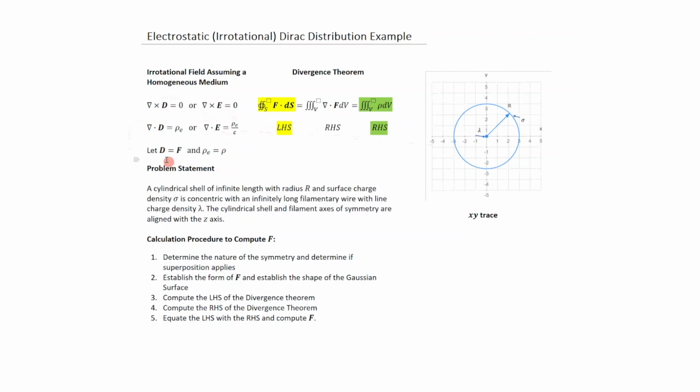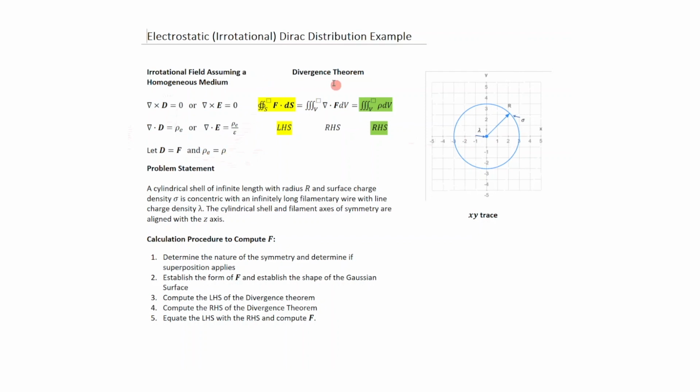So it's understood whether we're going to be using D or E as part of the problem, or at this point it doesn't really matter that much. So we're going to use F instead of D, in which case this would become the curl of F equals 0, and the divergence of F would be equal to just plain rho.